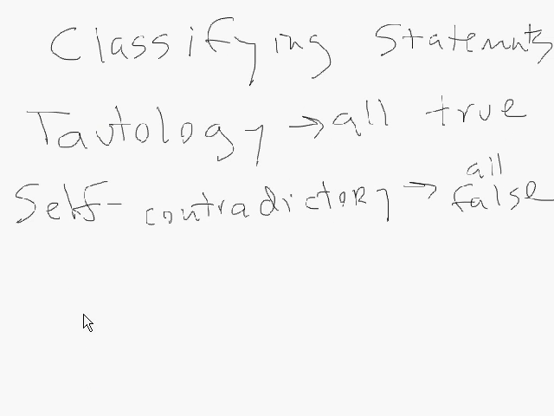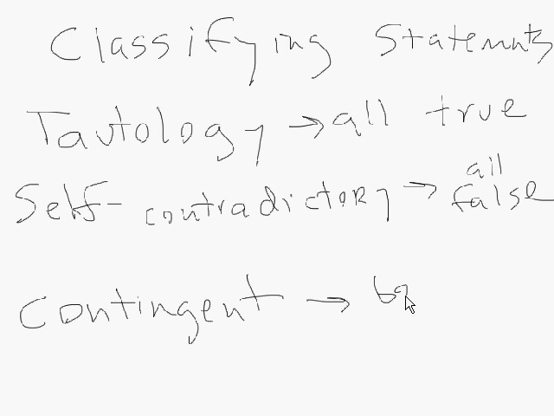The majority of statements are neither tautologies nor self-contradictions, but they're actually what we call contingent propositions. And to be a contingent proposition, you essentially need one value that's true and one value that's false, right? Where essentially you have both values possible. Right, you have true and false.